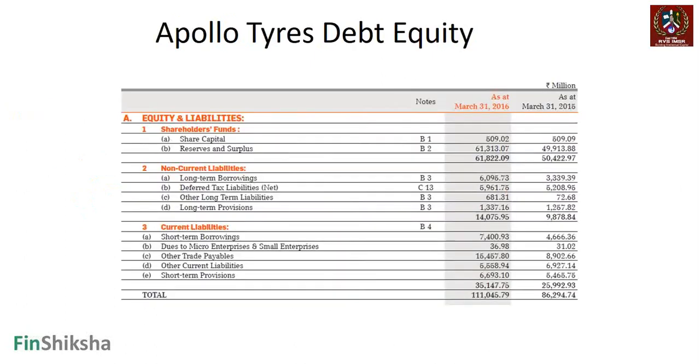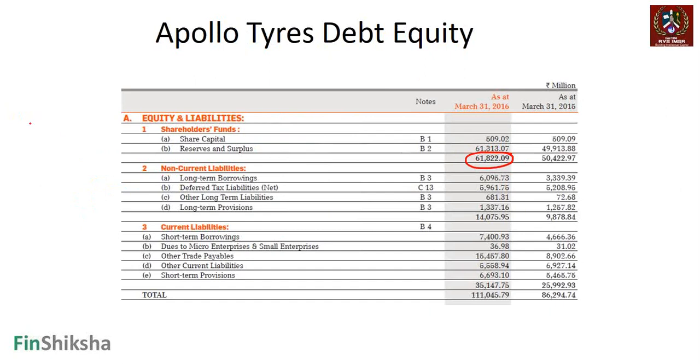Let's take a look at a few of the companies that we are discussing and try and understand what is the kind of indebtedness they work with, right? So if you look at the debt to equity number for something like Apollo Tires, right? So this is the equity number, which is 6182 crore. This is in millions, remember? So 6182 crore is the equity number.